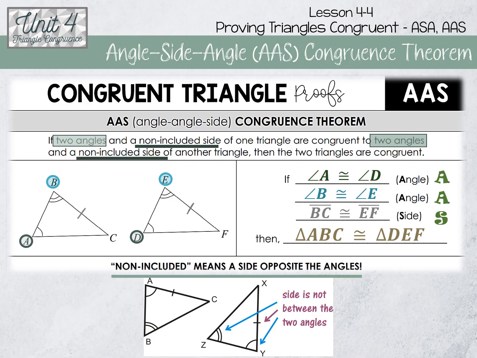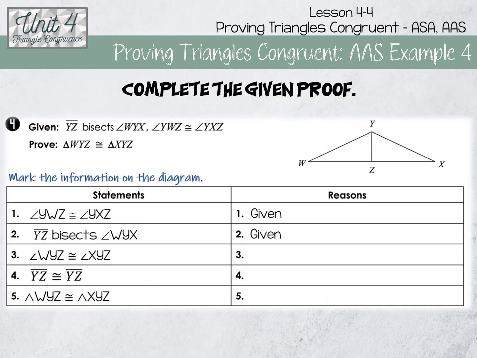Okay, let's go. Complete this proof. We are given, and the given's already marked there, segment YZ bisects an angle, angle WYX. Look at it as I say it on the diagram. There we go.